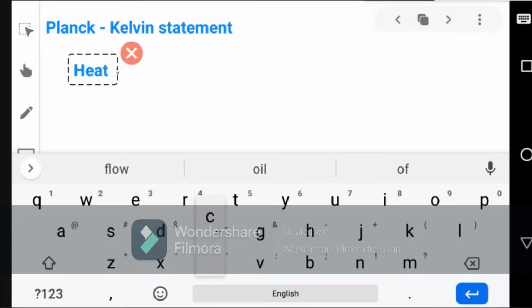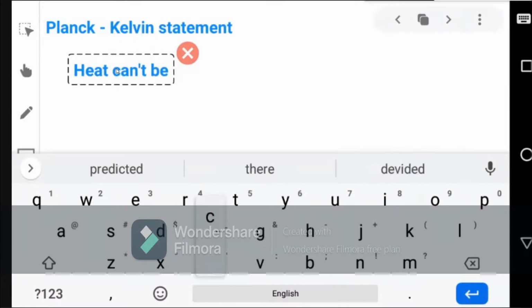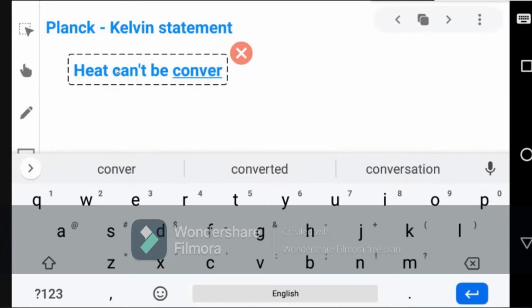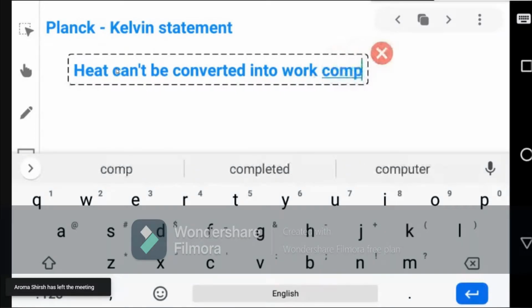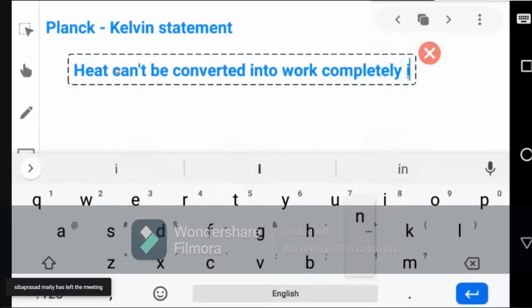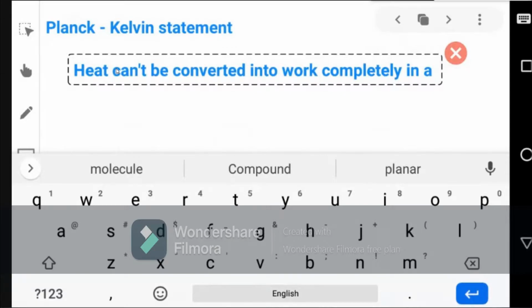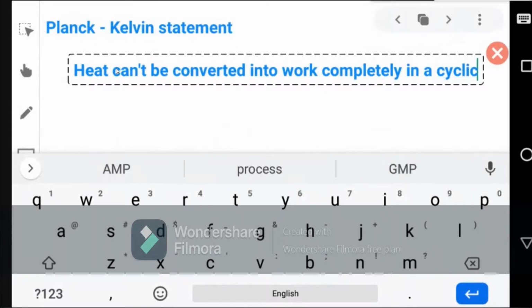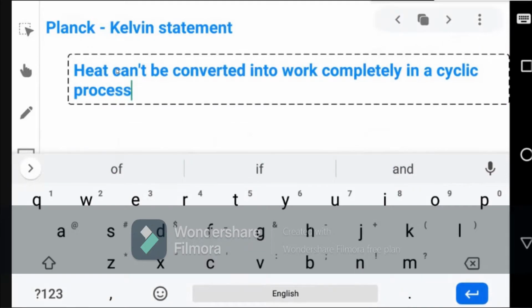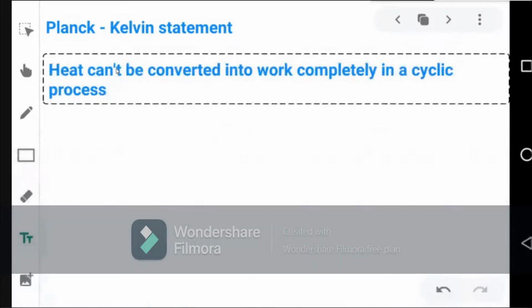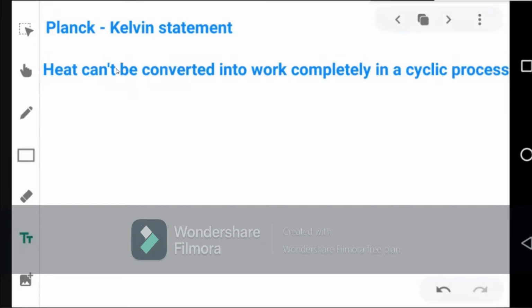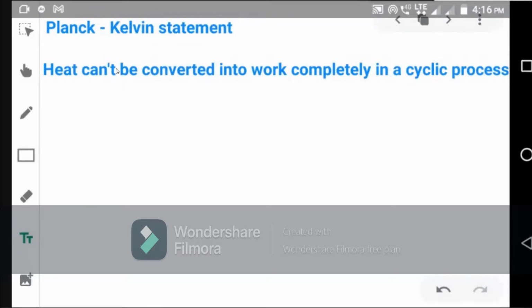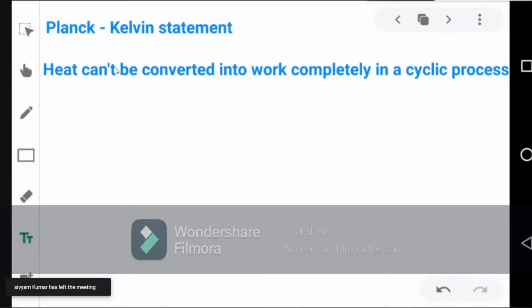Heat cannot be converted into work completely in a cyclic process.